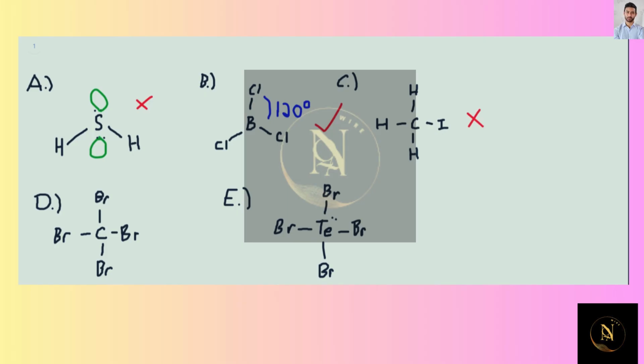All right, so now part D, CBr4. CBr4 is tetrahedral and the bond angle is 109.5 degrees.